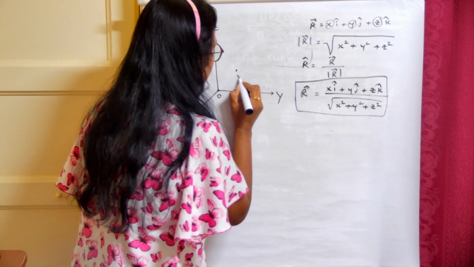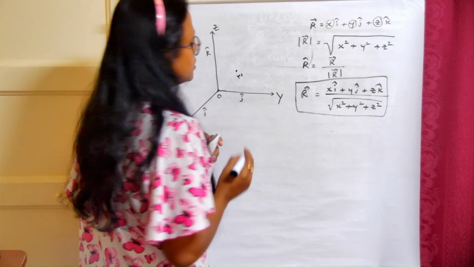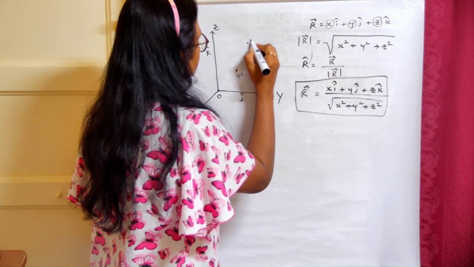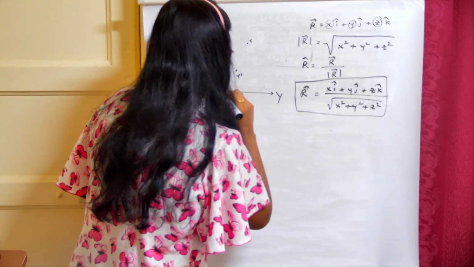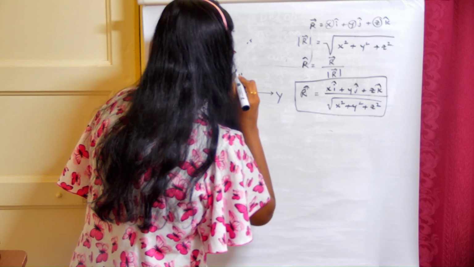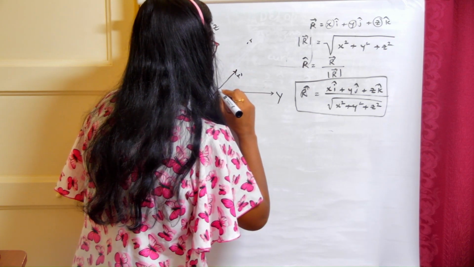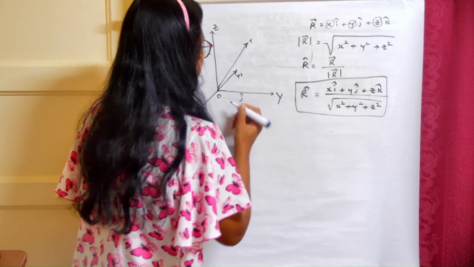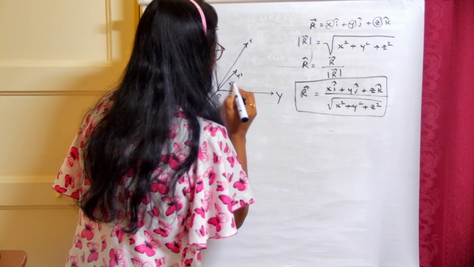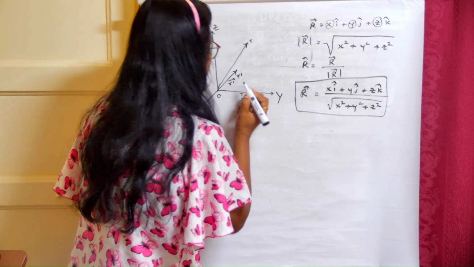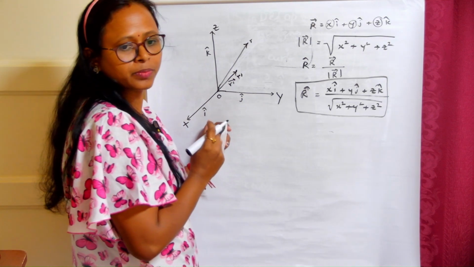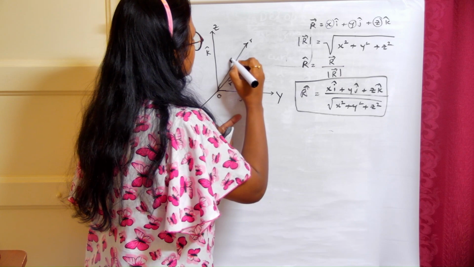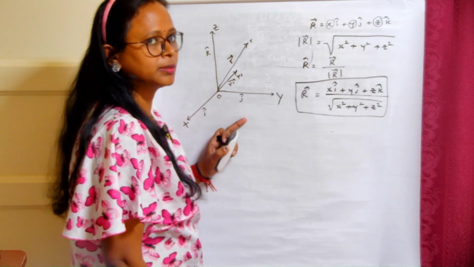Let me take this as the source point defined by r prime, and this as the field point defined by r. So this will be the position vector of source point, which can be defined as r prime bar, and this will be the position vector of the field point r bar.